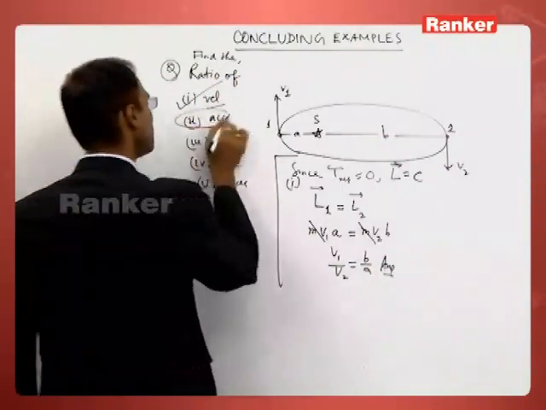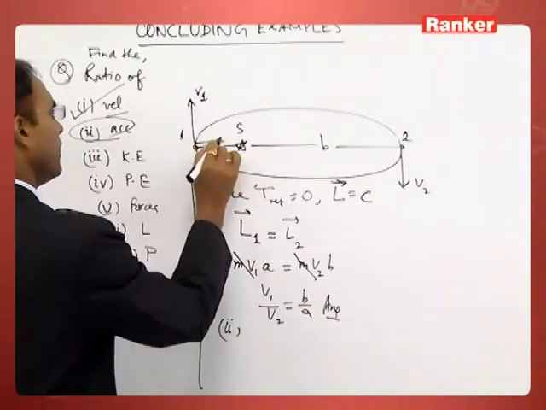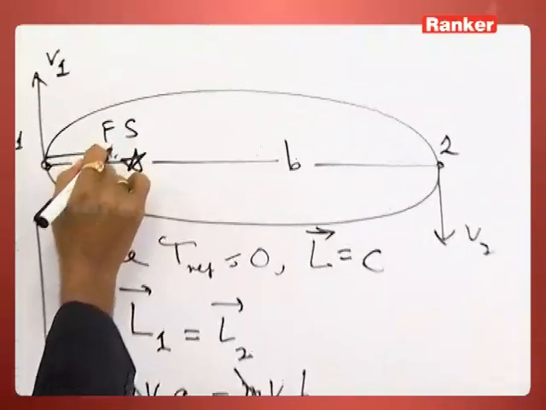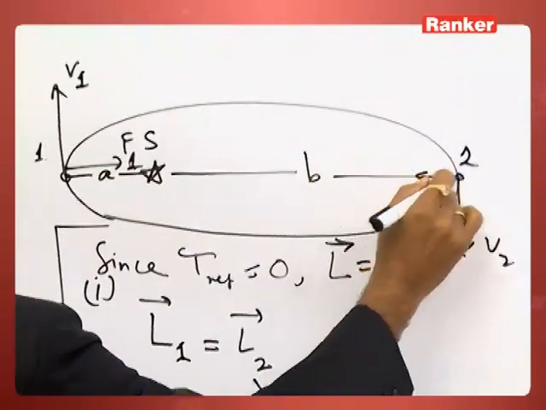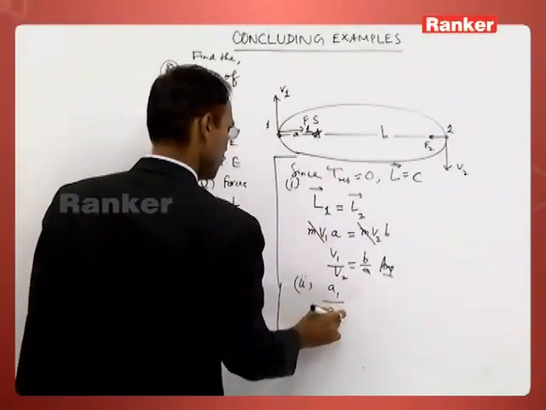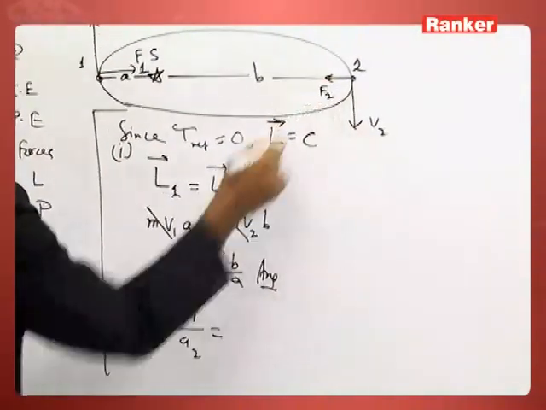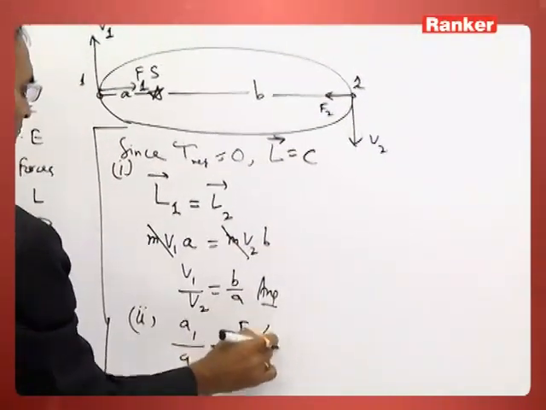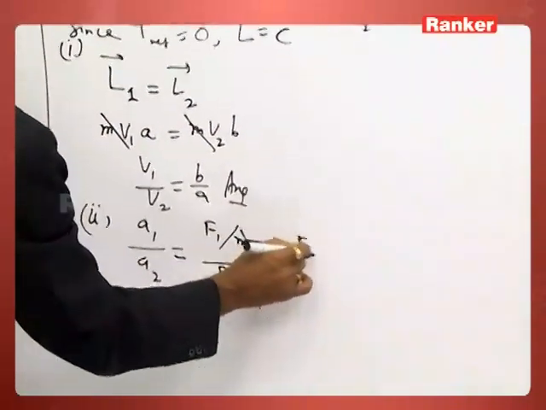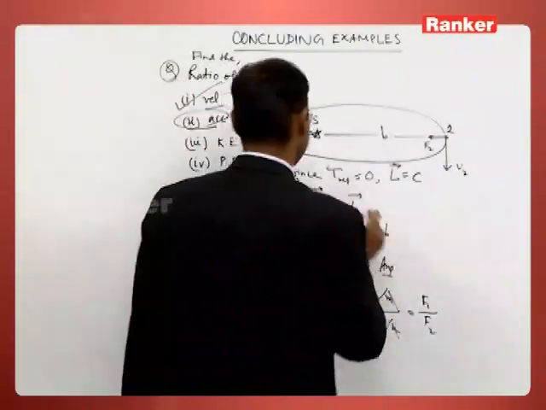For acceleration, here the force acting is F1. Here the force acting is F2 due to the sun. So acceleration at point 1 upon the acceleration at point 2 is equal to F1 by m upon F2 by m. According to Newton's second law, we are getting the ratio of the forces.